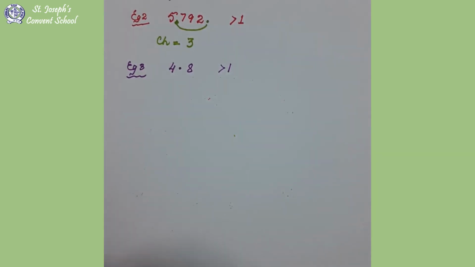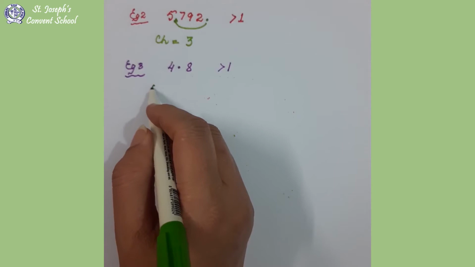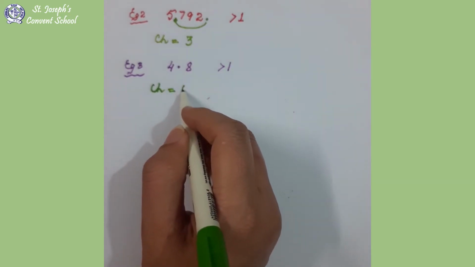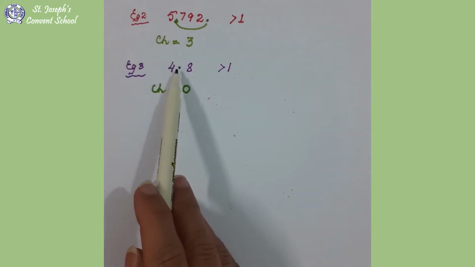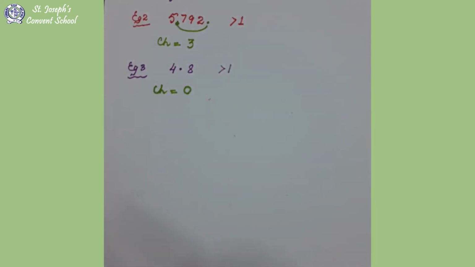When you are not shifting the decimal anywhere, not shifting means the characteristic is 0, because you cannot count the place of a new decimal, since it is already after the first non-zero digit. So this decimal will remain here, characteristic is 0. So all these are examples of positive characteristic.